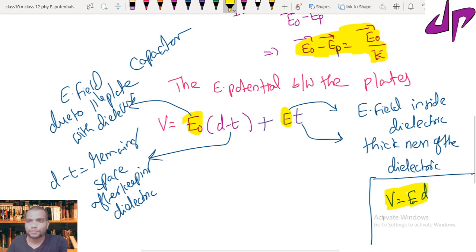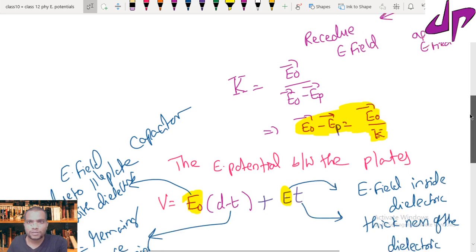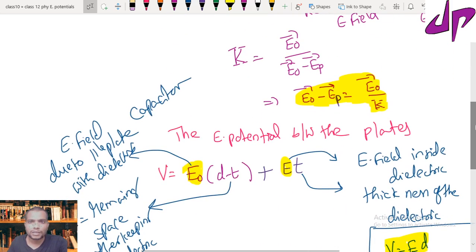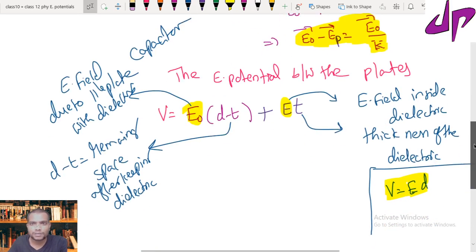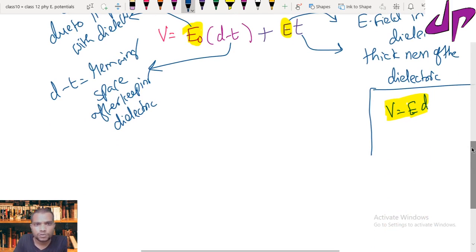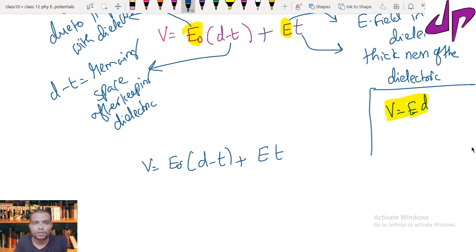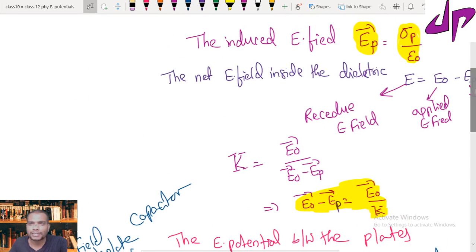Now if you substitute the values, I can write the same expression down: V equal to E naught of D minus T plus E times T. Here E naught is the external field, and E is the residual electric field.